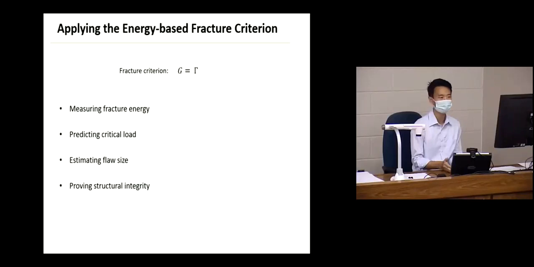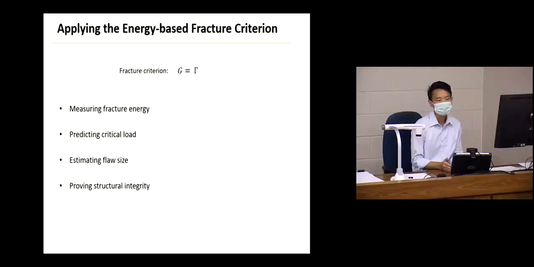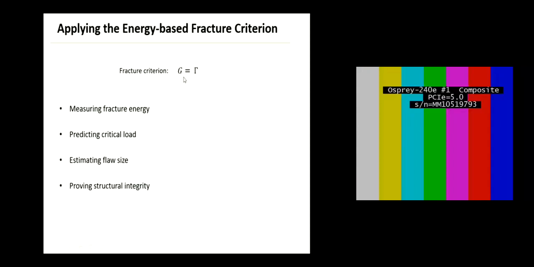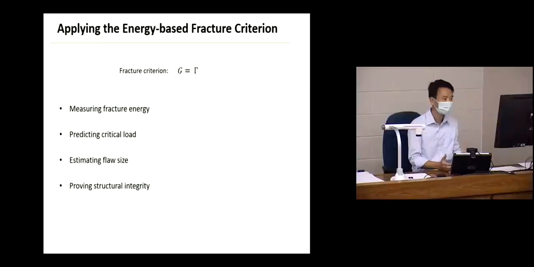Because that depends on the flaw size. So I can go and see what the flaw size is in the process of making this piece of material, and you can calculate based on this fracture criterion, and say that, well, the critical flaw size, based on the stress being applied and the fracture energy of the material, is 5 microns. Okay.